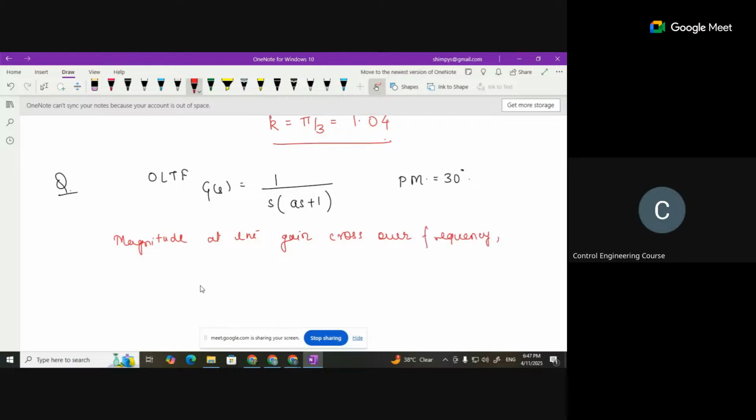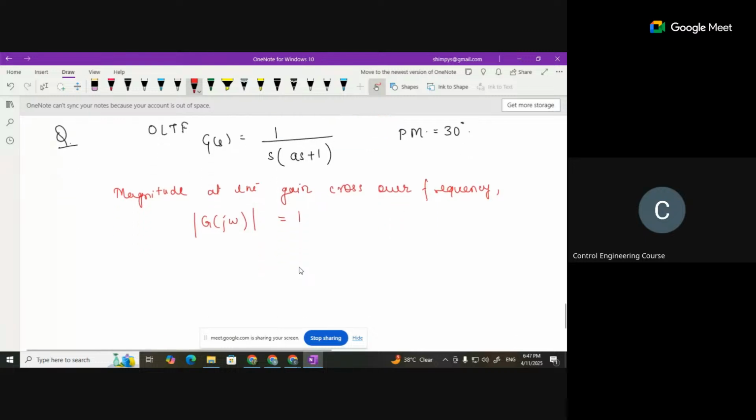How much is G of j omega, and its magnitude should be equal to 1, right? So what is G of j omega? What have you people got? 1 by j omega into (A j omega plus 1), right?